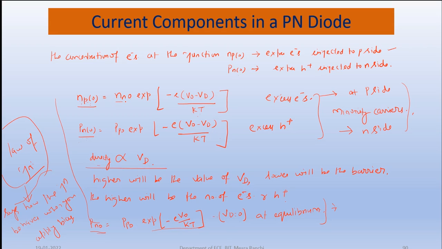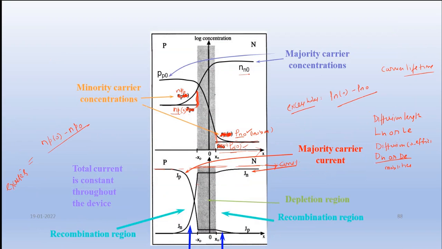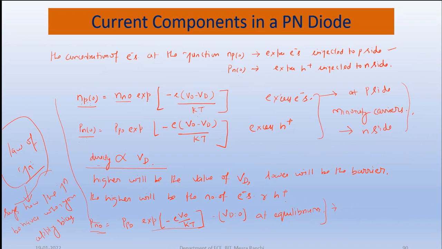So this is the majority carrier concentration, and this is the minority. So we are saying n1, n2 exponential of minus e(V0 minus VD) by kT, where VD is the applied bias potential.